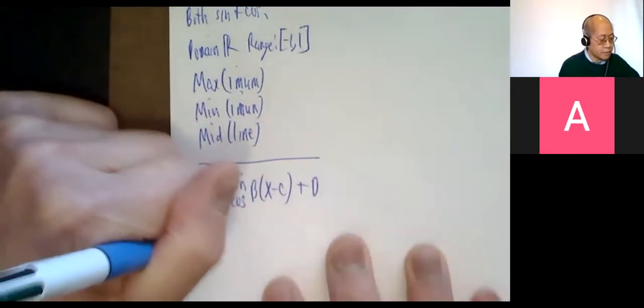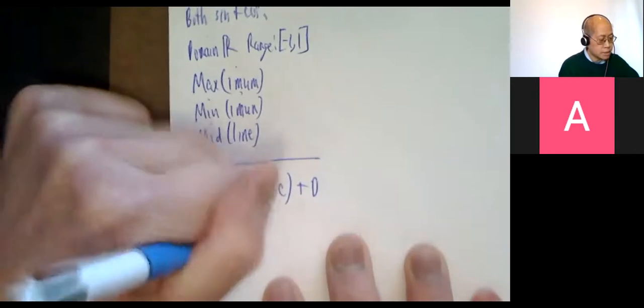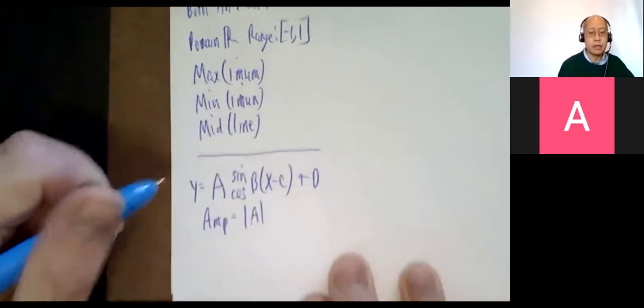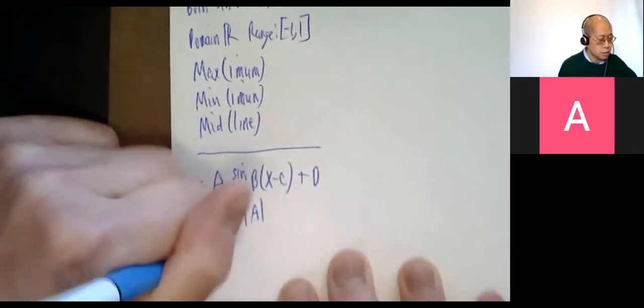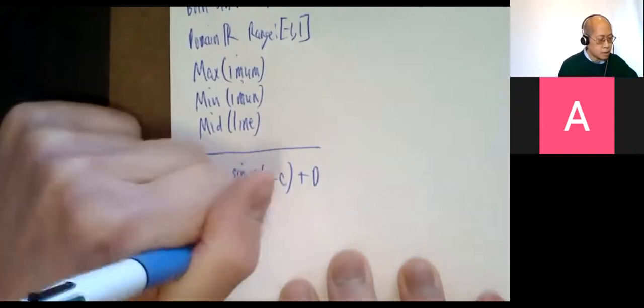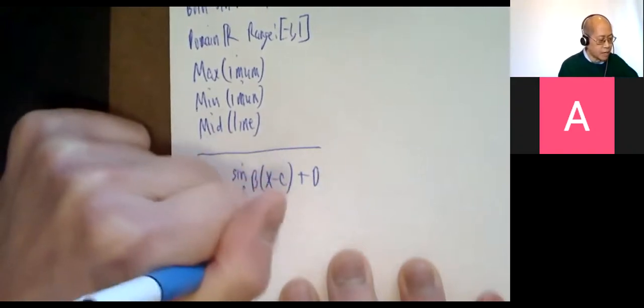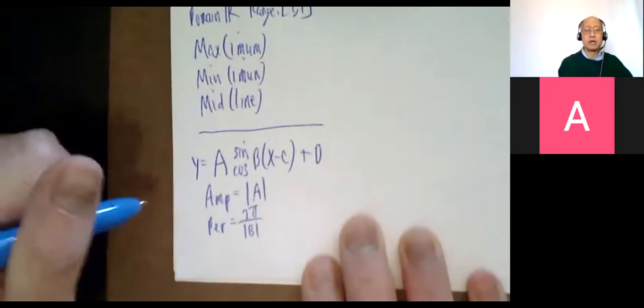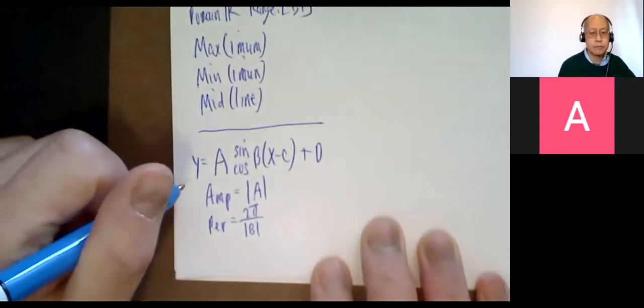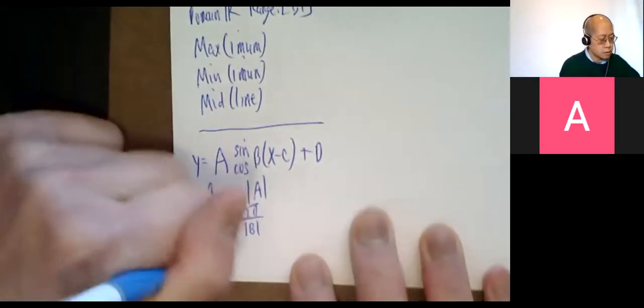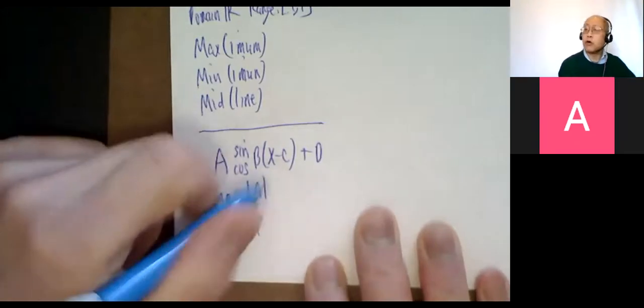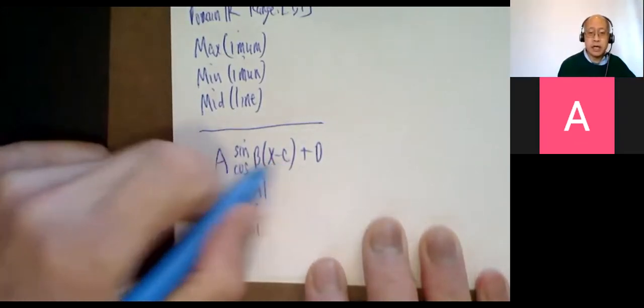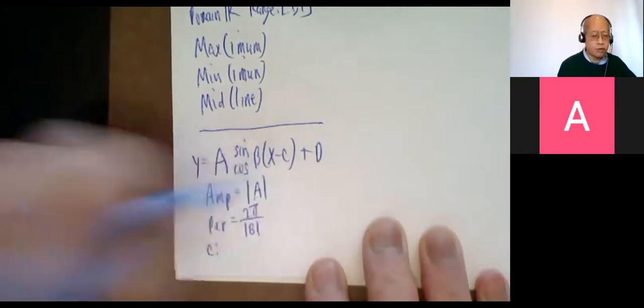Okay, so we said last time the amplitude is the absolute value of A. Period is 2 pi divided by absolute value of B. Okay, and we know from before, a long time ago, C is a horizontal shift.